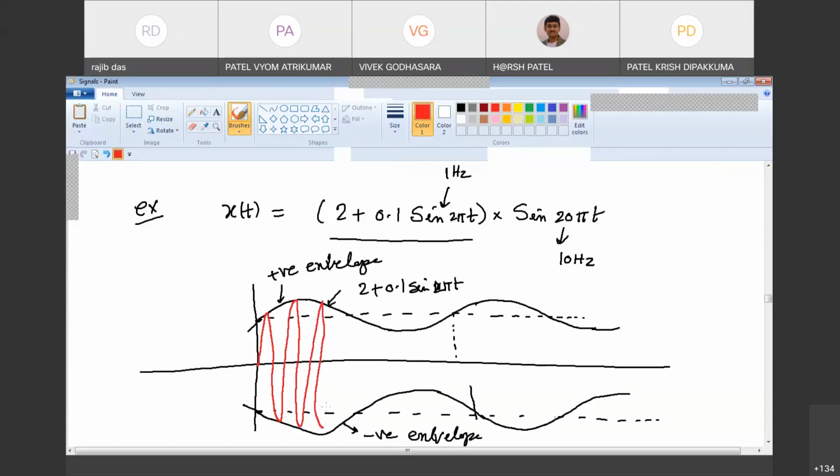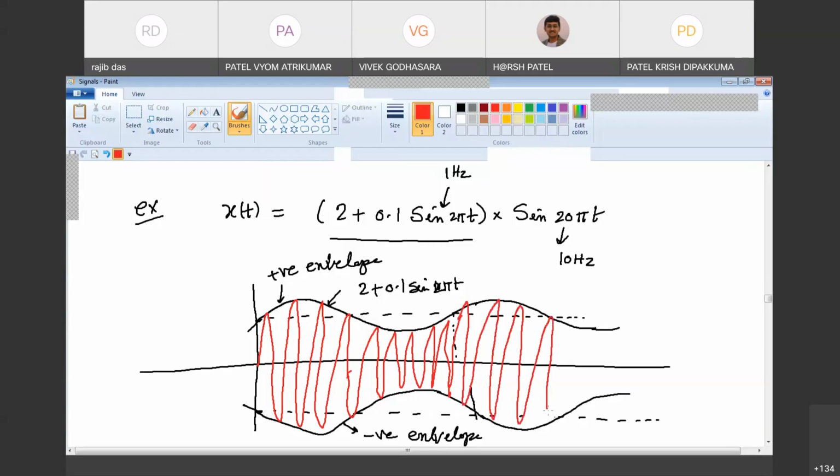Remember, there should be exactly 10 cycles: 1, 2, 3, 4, 5, 6, 7, 8, whatever it is, there should be 10. It will continue that way. You should touch the envelope. Have you got the concept?